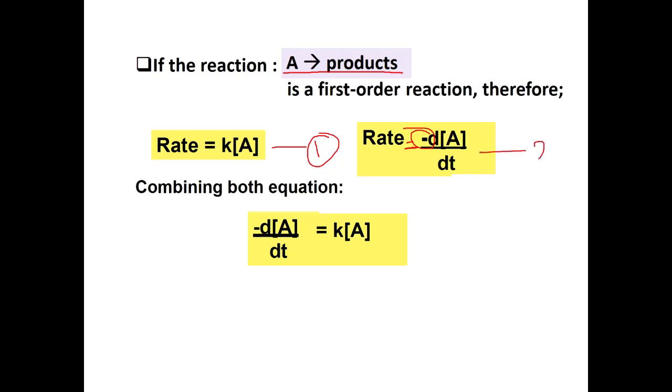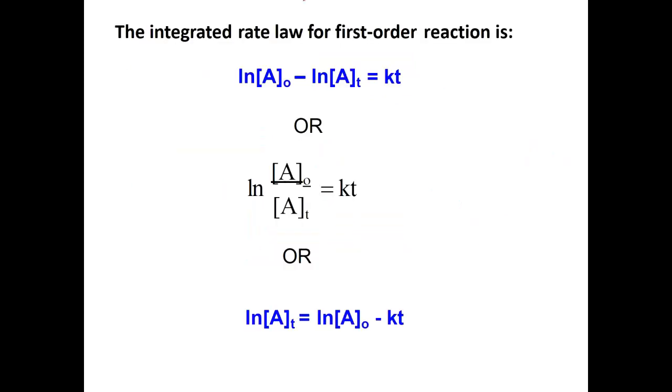This one is equation 2. Then you combine both equation 1 and 2 to get the third equation. From the third equation you can integrate, and finally you can get this one in ln. This is equation 4, or you can write it like this.